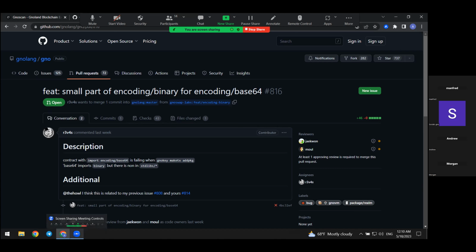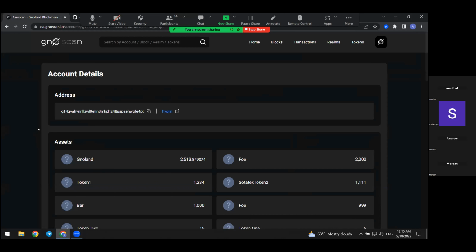And just to come back to GNOScan and GRC20, a reminder: we discussed recently, and we will probably go in the direction of adding emit support. In your case, as an indexer, I suggest that you switch from trying to monitor direct calls to GRC20 contracts to instead looking at emissions from the GRC20 library.